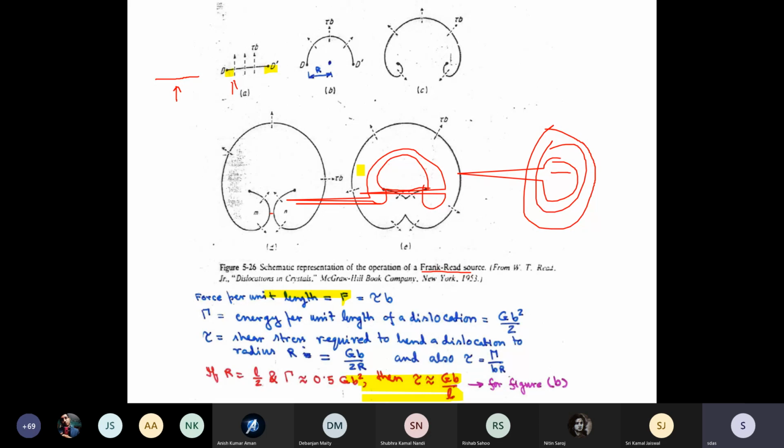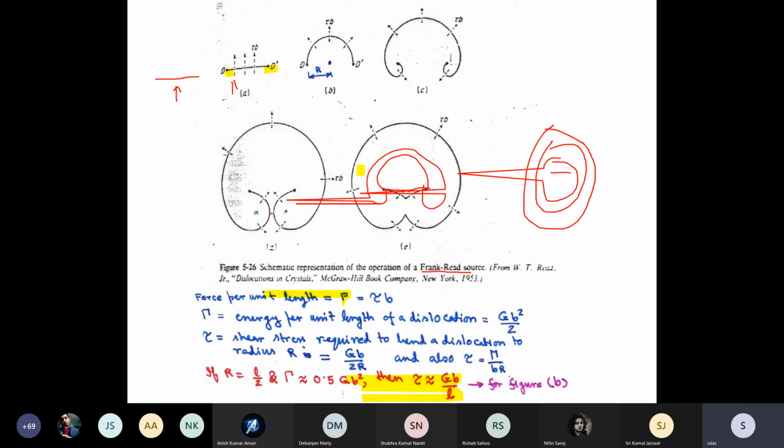If I severely decrease the distance between D and D dash, since L is in the denominator, the ratio becomes very large. So you have to have very fine precipitates in the matrix. Then and only then can you increase the strength of a material.